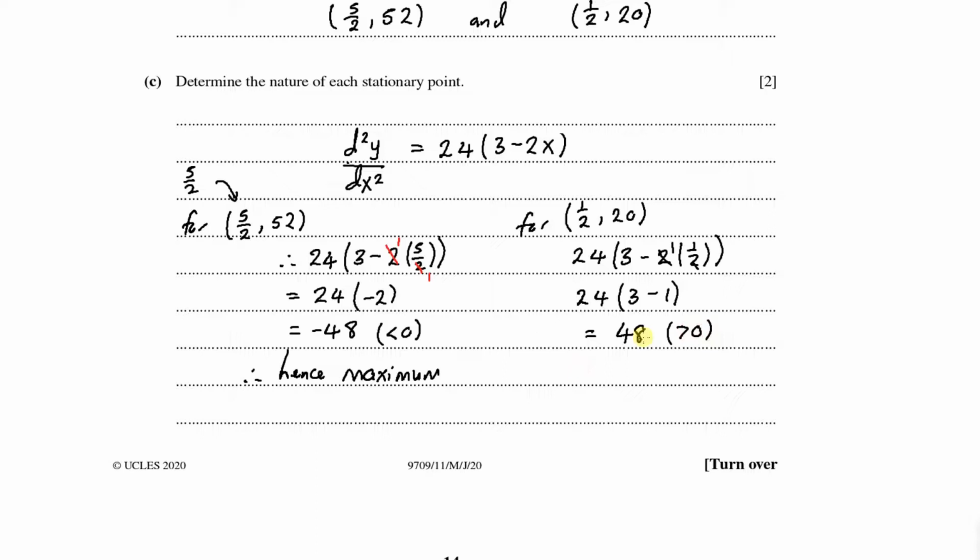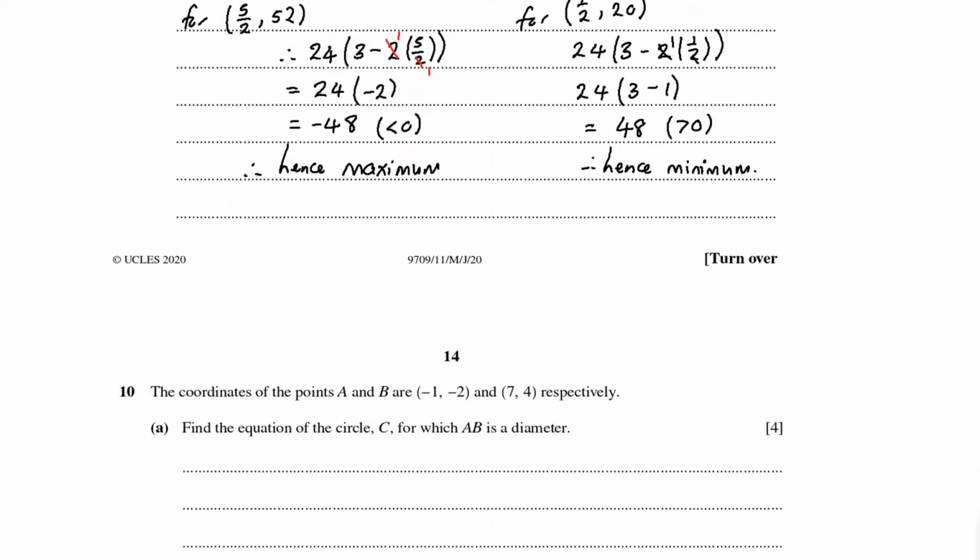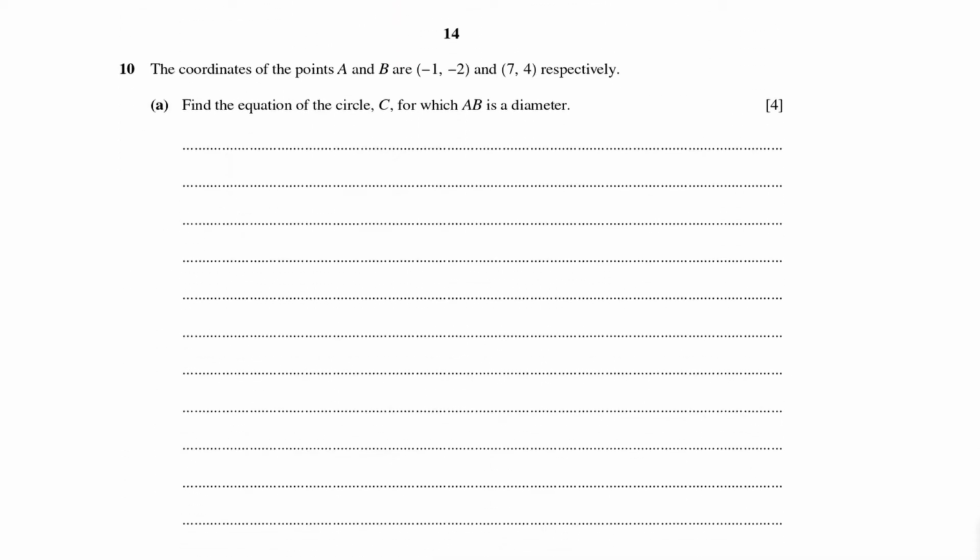So since the second derivative here is proven to be positive, we can therefore say hence it's a minimum. So that's the nature of the stationary points. So we're done with this question, and now let's scroll down to question number 10.